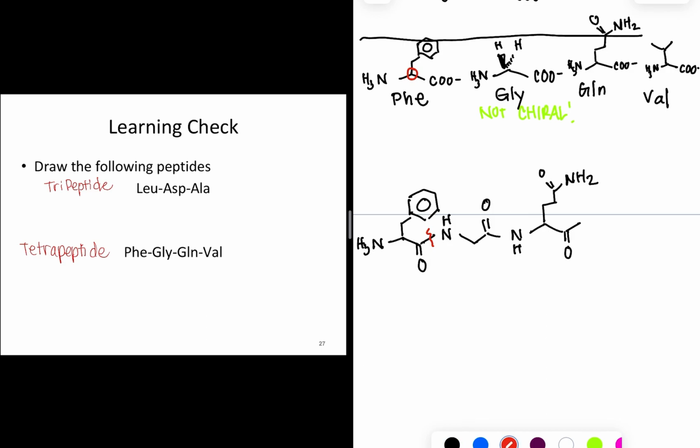Carboxyl end of glutamine. Let me put a little squiggly here. So there's my phenylalanine. There's my glycine. There's my glutamine. And let me draw the last one, which is going to be my valine. Isopropyl there. And I'll draw my little squiggly for you. And here's valine. So there is the tetrapeptide.